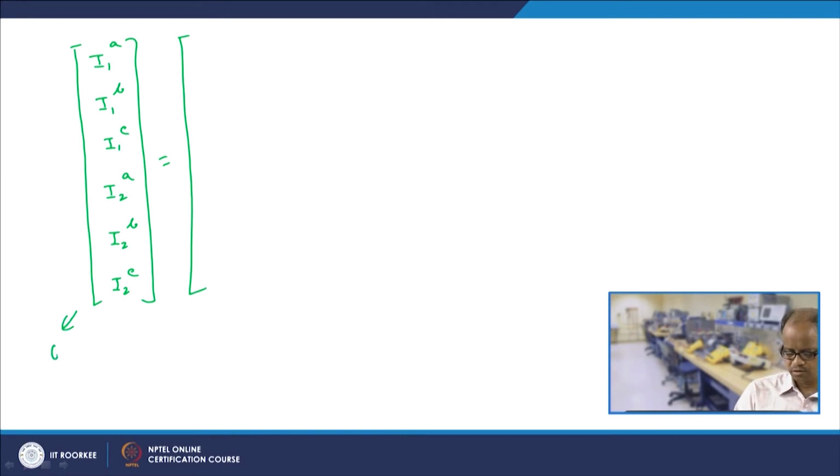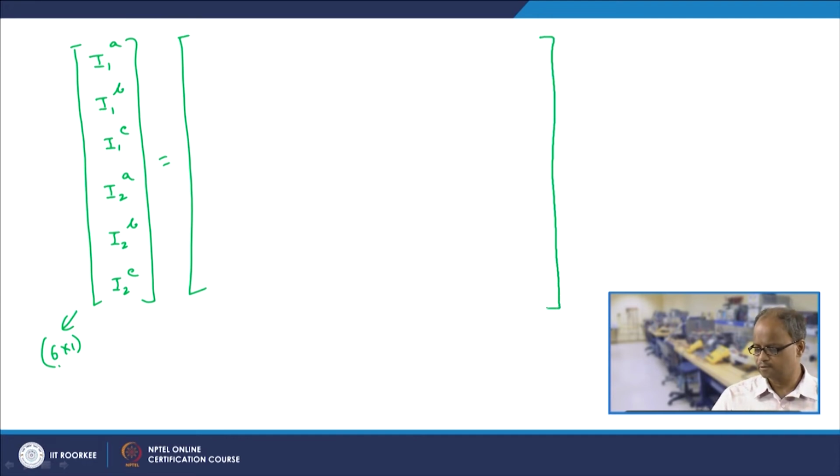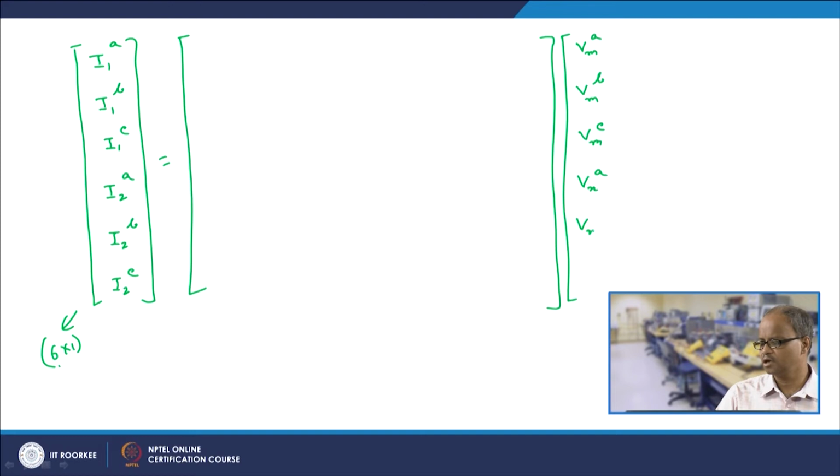Because this is a 6×1, here also we have VMA, VMB, VMC, VNA, VNB, VNC. So, this is also a 6×1.